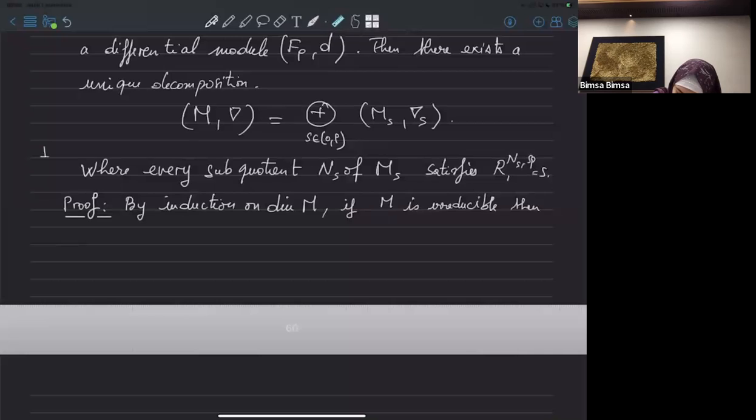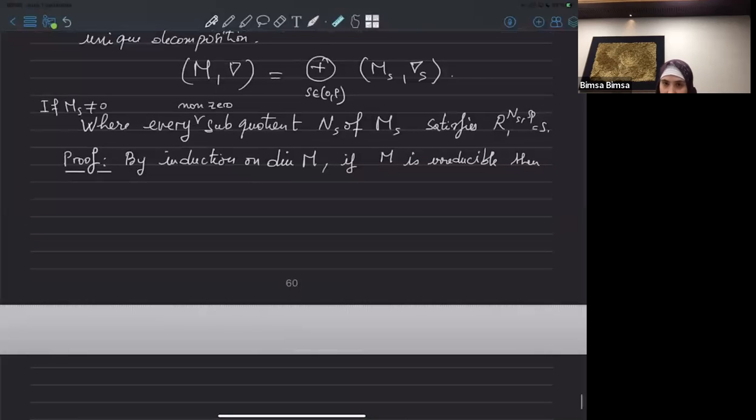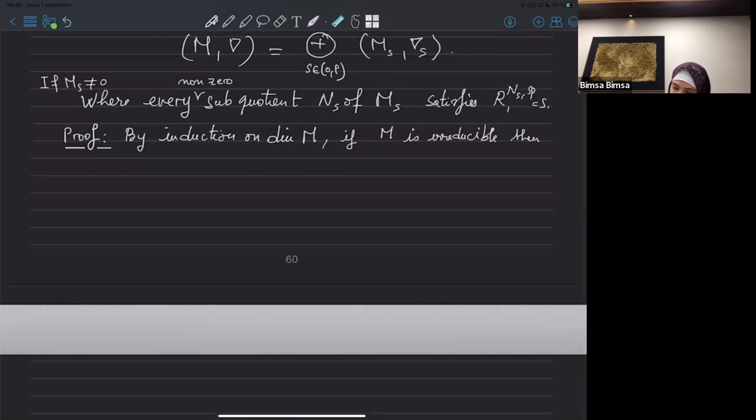Then here, just if from 0 every non-zero, otherwise it doesn't make any sense.